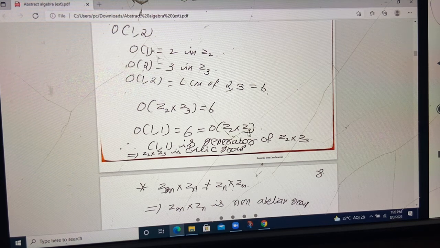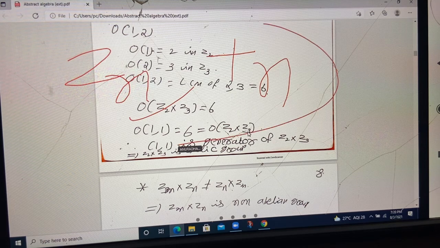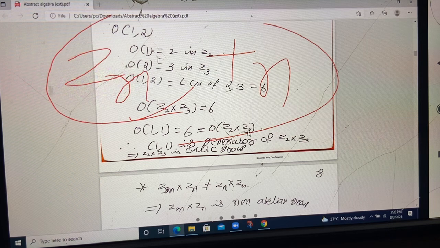In general, Z_m cross Z_n is cyclic with the generator as (1,1).